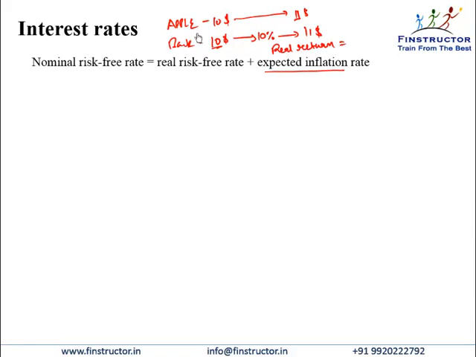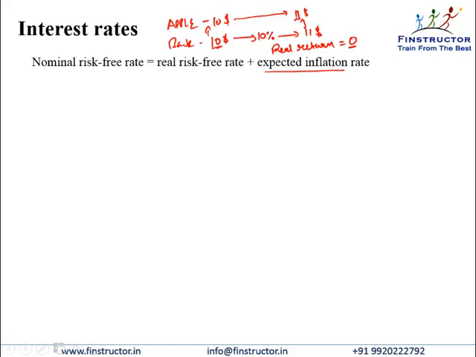Earlier, how many apples could you afford? Just one. Now how many apples can you afford? Still only one. So in real terms, are you any richer? No. Your real return, that is, how many more goods you can purchase, has been 0.